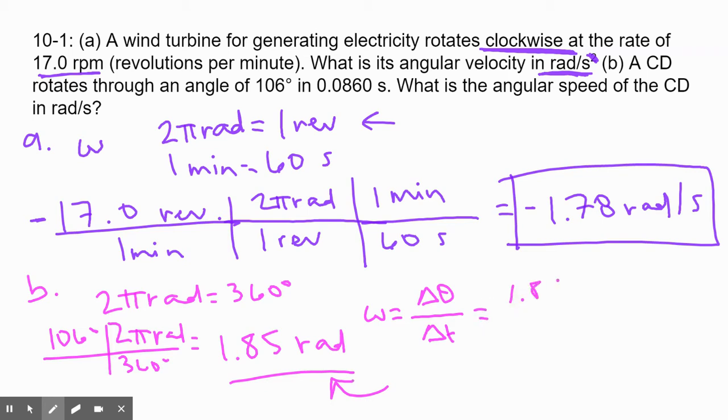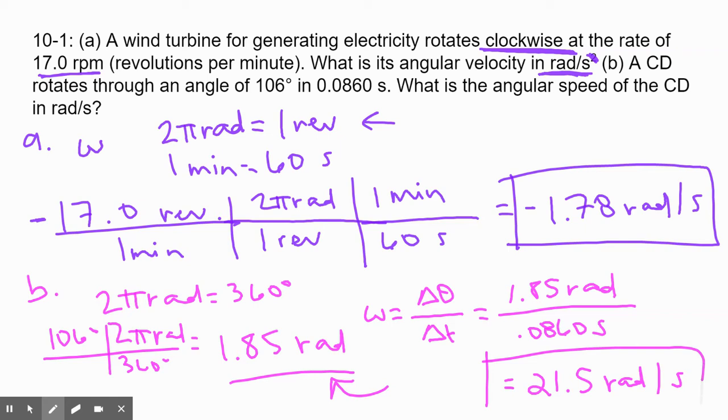So we're going to put 1.85 radians divided by 0.0860 seconds. And we will find that in this case, the angular speed of the CD is 21.5 radians per second. Okay, so those weren't too bad. We were mostly just practicing unit conversions here.